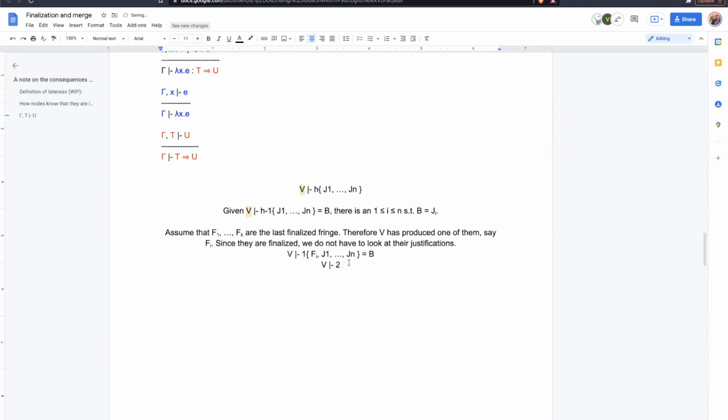Then V2 would be B comma J1 prime through Jn prime, okay, and so on and so forth. So then height is going to be crystal clear.